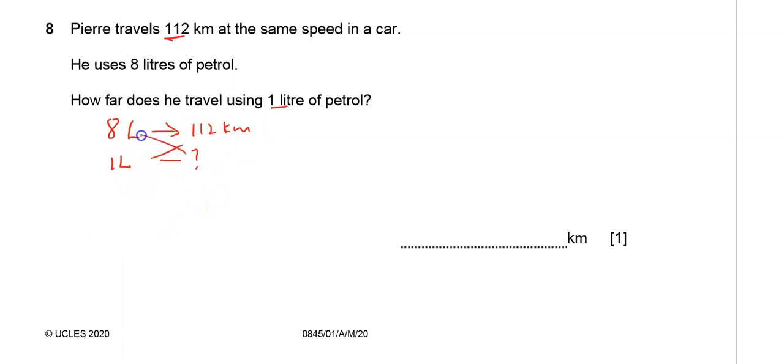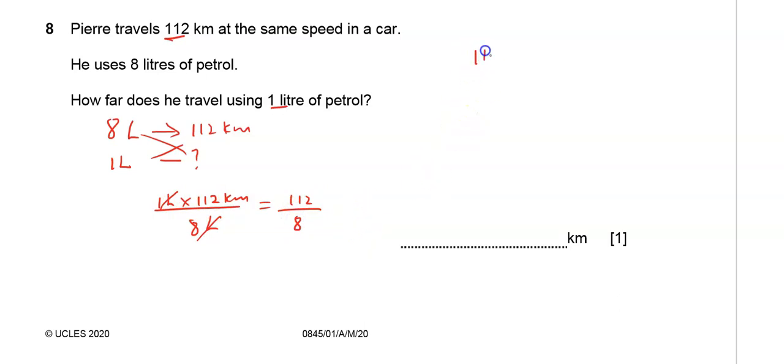So we cross multiply. There's going to be 1 liter times 112 kilometers divided by 8 liters, because the liters will cancel and we'll have 1 times 112 gives us 112 divided by 8.